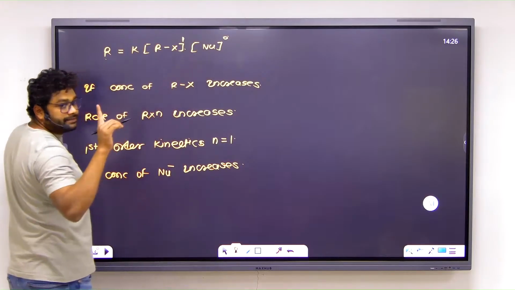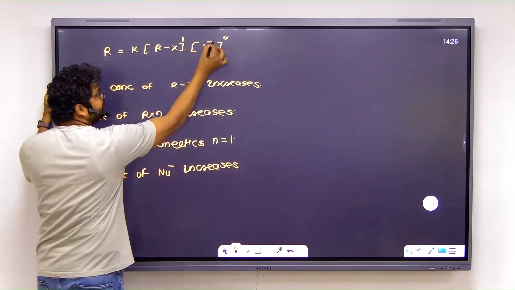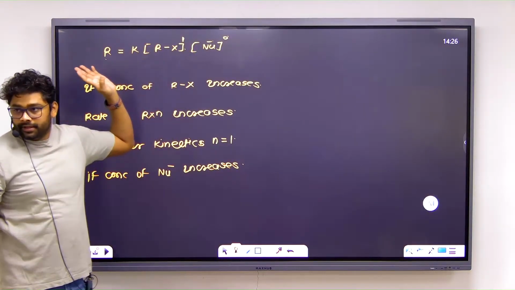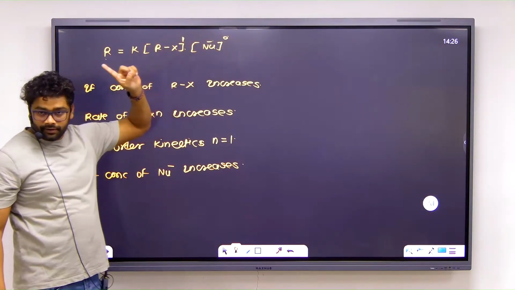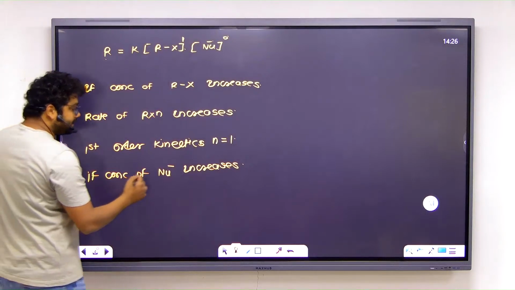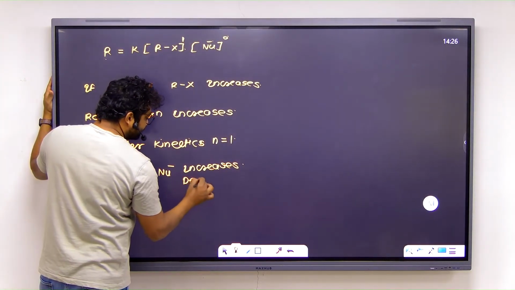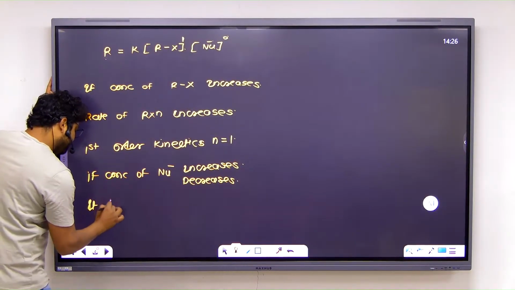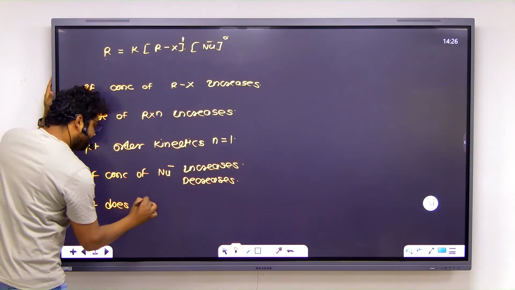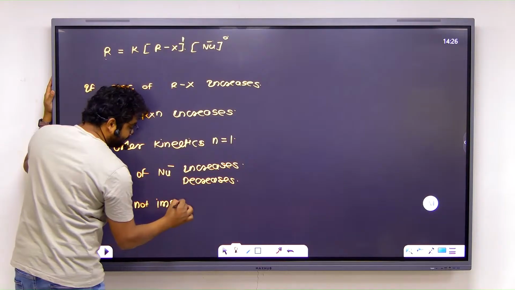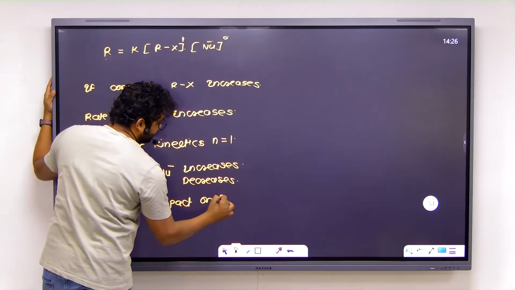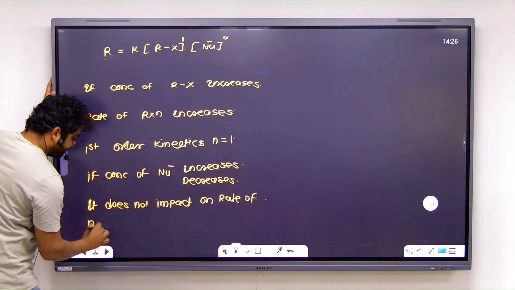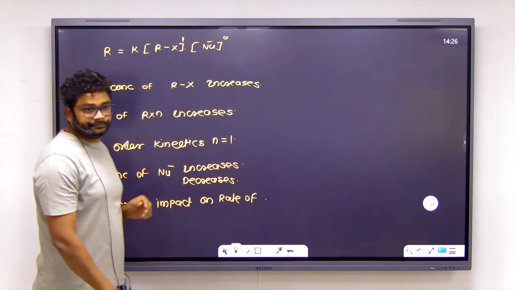Anything raised to 0 is 1. If the concentration of nucleophile increases, does it alter the multiplication? No, because anything raised to 0 is 1. So if the concentration of nucleophile increases or decreases, it does not impact the rate of reaction.